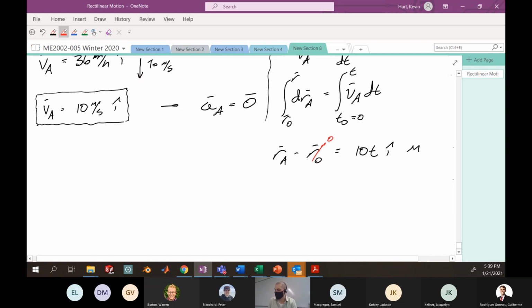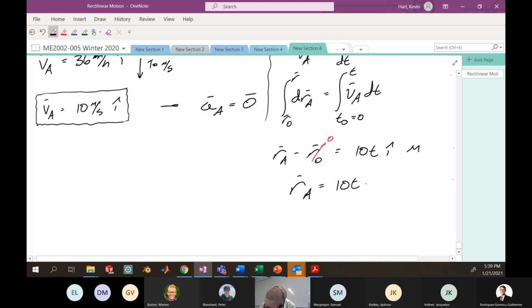I'm assuming that I'm starting right at the location of the fixed coordinate system when A passes that intersection. We can take the center of the intersection as the fixed coordinate system in this situation.